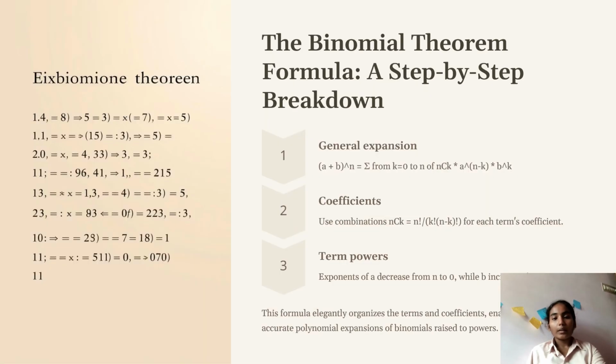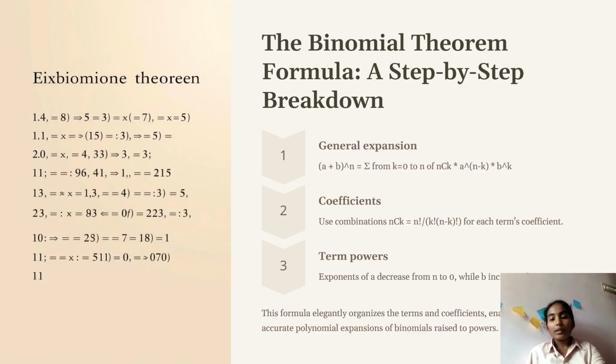Binomial theorem formula. A step-by-step breakdown. General expansion. (a + b)^n is expanded into the summation from k equals 0 to n of nCk times a^(n-k) times b^k. Coefficients.